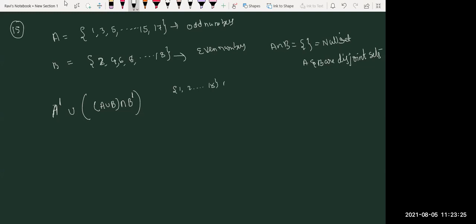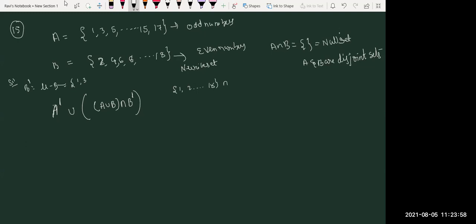B complement, what is the meaning of B complement? Only from the universal set. Here N is given, N is the universal set or not? Yes, sir. If N is universal set, what is B complement? B complement means from the universal set we remove B. If we remove B, what numbers will we get?